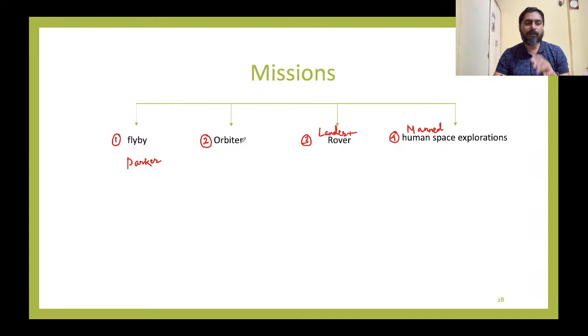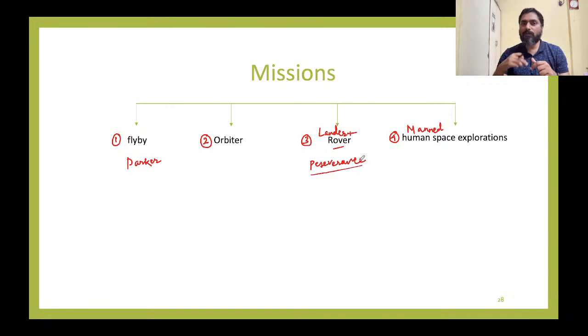Then you have a more sophisticated type of mission, the lander and the rover. You would have heard about Perseverance. Perseverance is a lander and rover type of mission. It has been sent to Mars. These are more complicated missions.